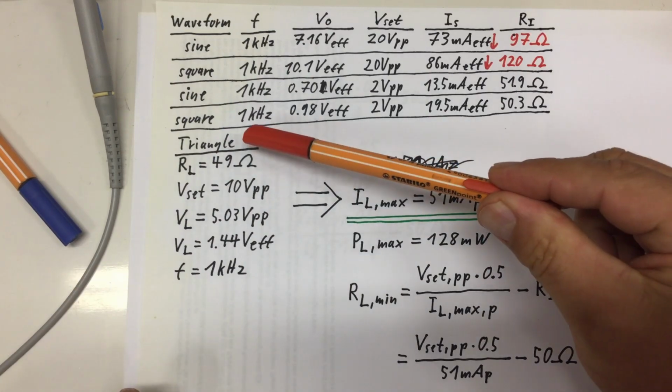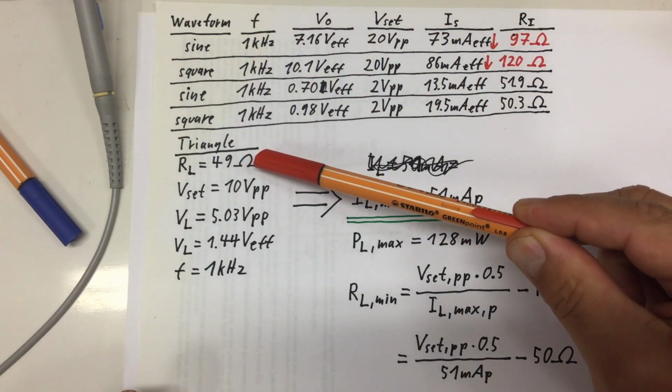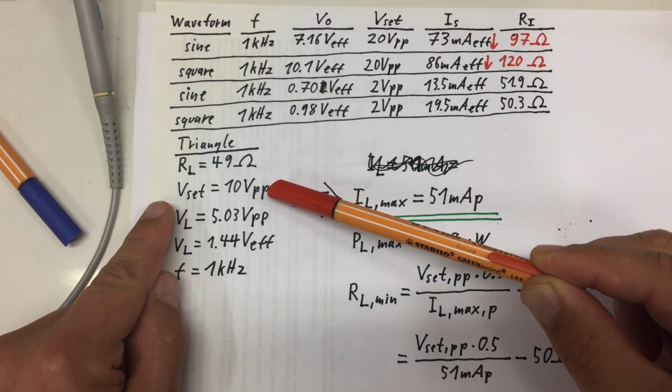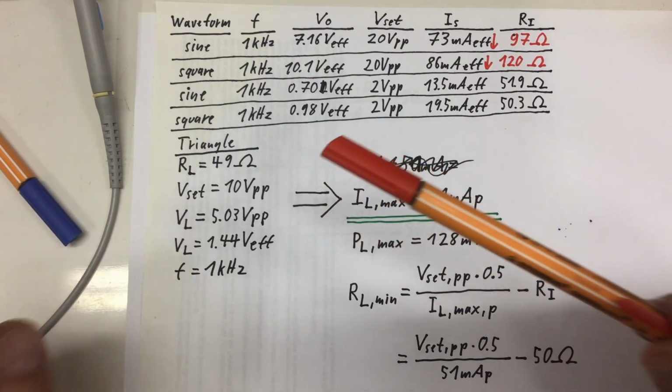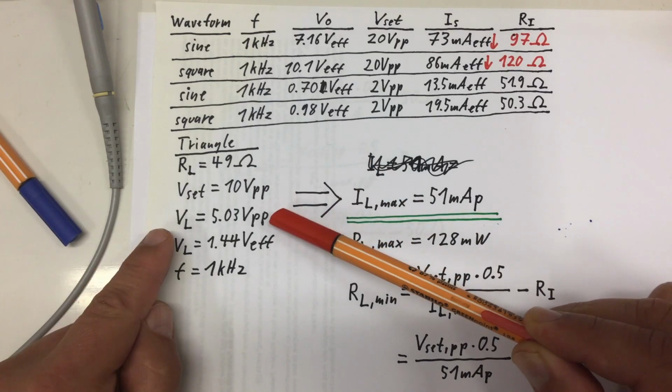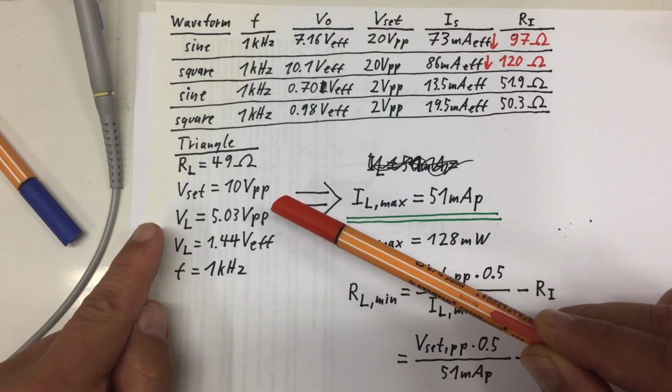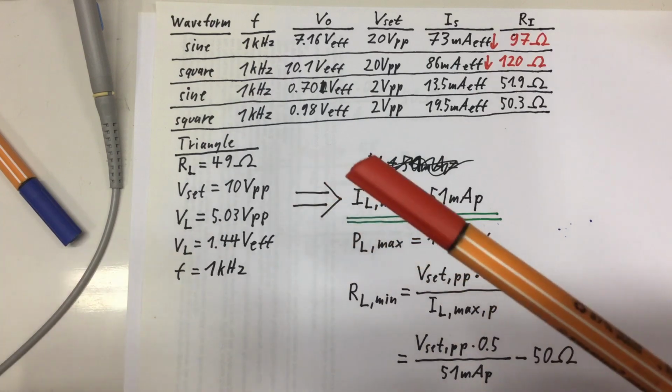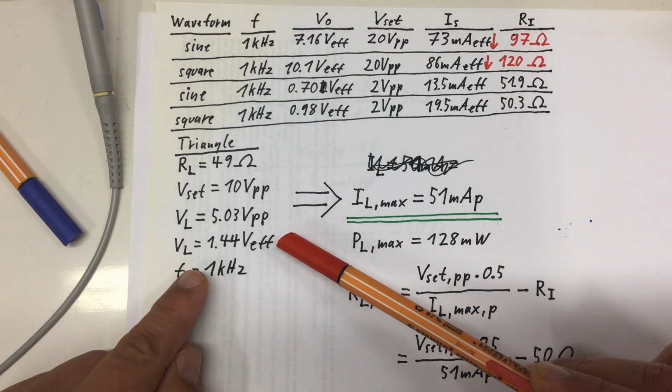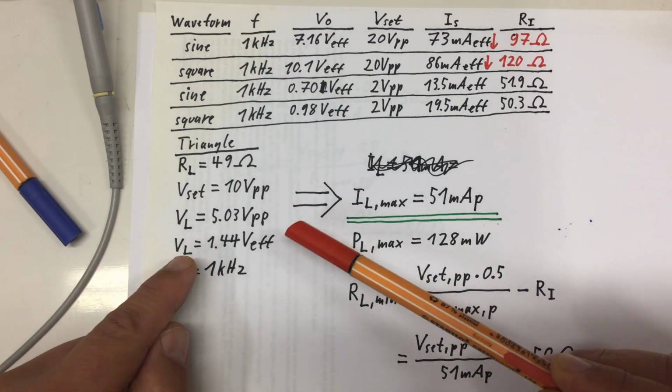Anyway, we had a triangle waveform and a load resistor of 49 ohms, and the set voltage on the unit was 10 volts peak to peak. The voltage across our load was 5.03 volts peak to peak, and 1.44 volts effective.